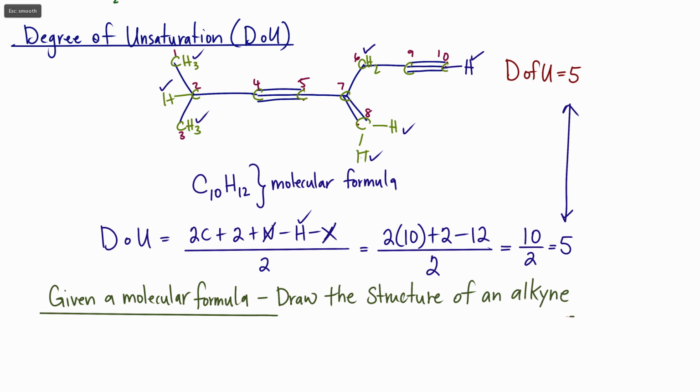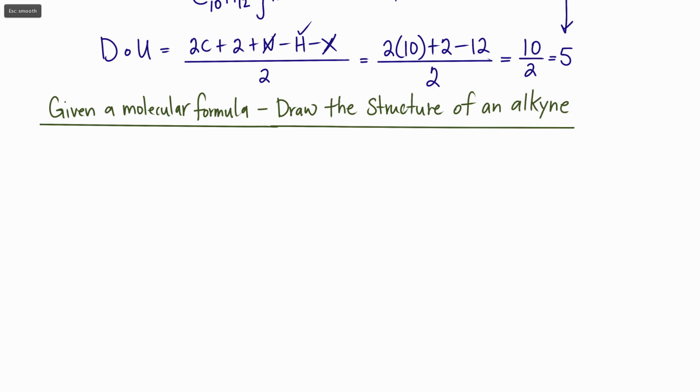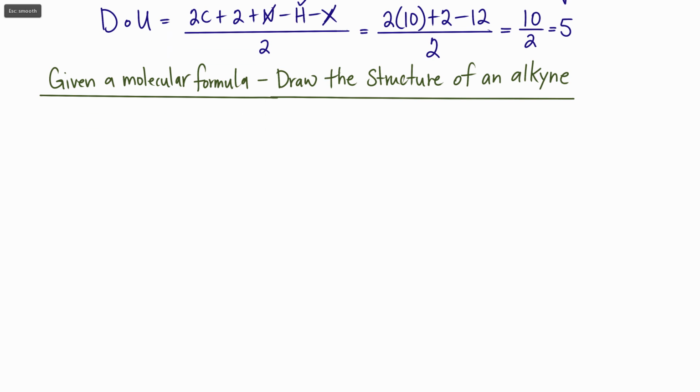If we're given the molecular formula, we can draw the structure of an alkyne. So let's take this formula, for example, a very simplistic formula, C6H10.